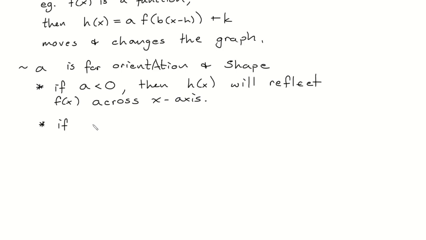Now I can't just say a is less than 1 because that covers all the negatives. But if I say the absolute value of a is less than 1, there's one possibility. Or the absolute value of a is greater than 1. Those are the only two possibilities for changing a when we don't consider the negatives.